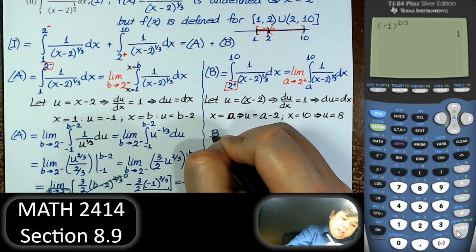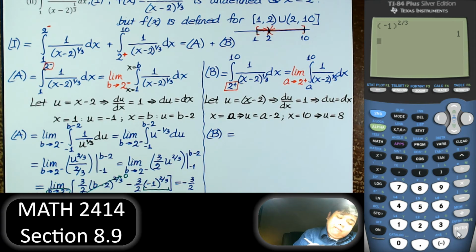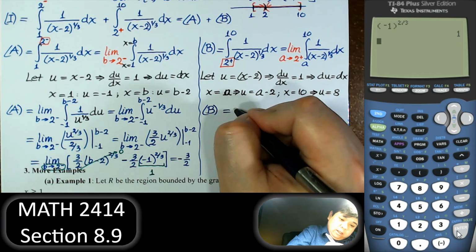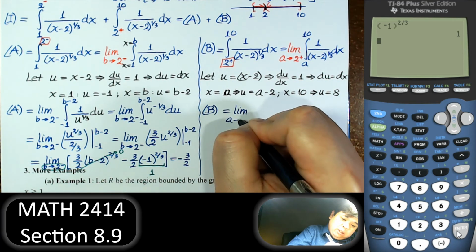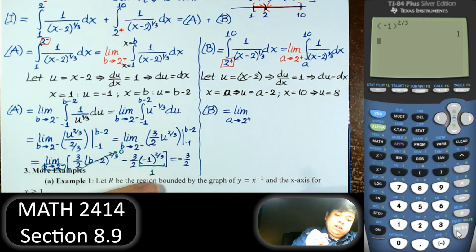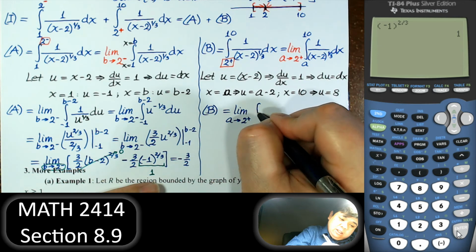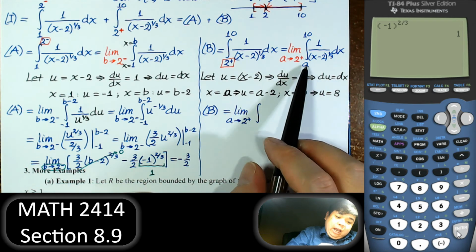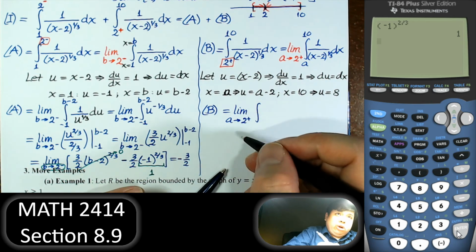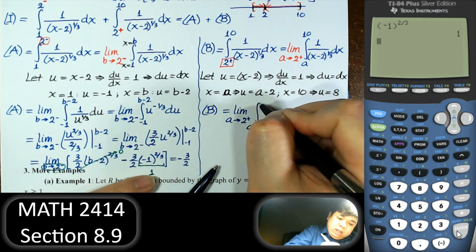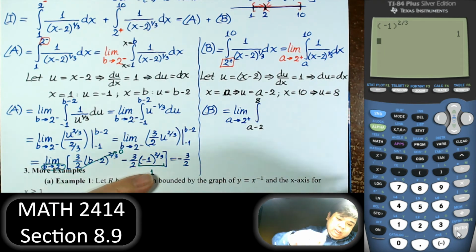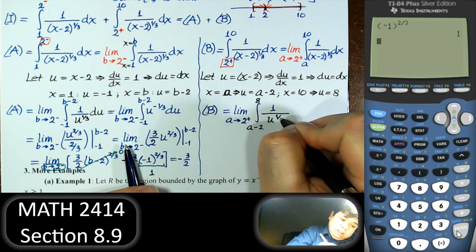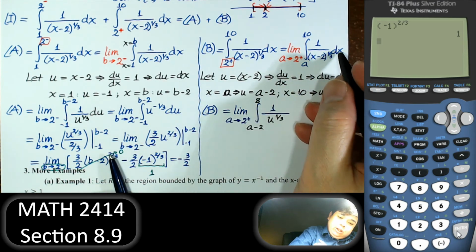So the integral is equal to, we still have the limit when a goes to 2 plus, but now we change, instead of going from a to 10, it goes from a minus 2 to 8. And then we have 1 over u to the 1/3 du equal to dx.